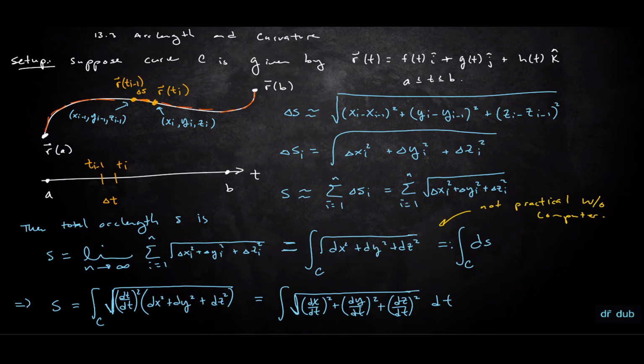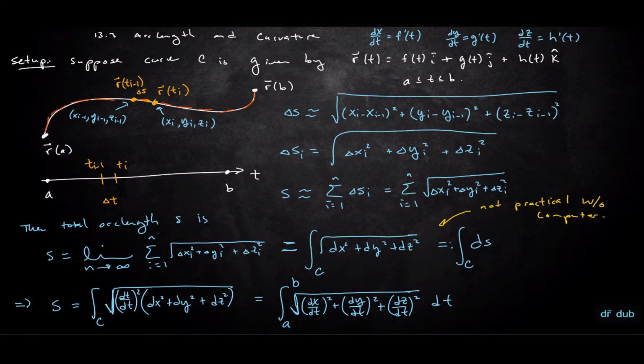So I'm going to say this is the integral from a to b as far as t is concerned. And up here we can see that dx/dt is f prime of t, and dy/dt is g prime of t, and dz/dt is h prime of t. Those are going to be our derivatives. So that's basically the square root of f prime squared plus g prime squared plus h prime squared.